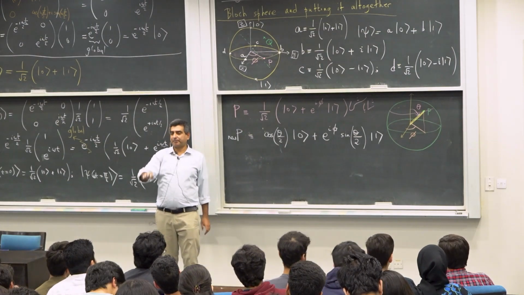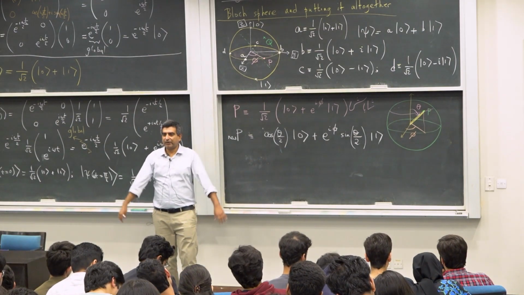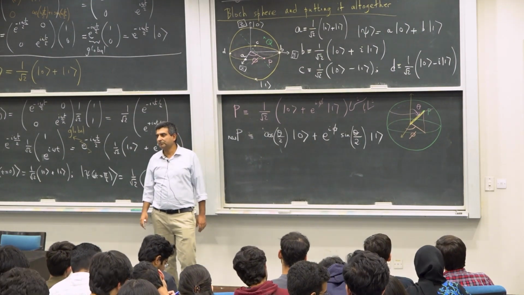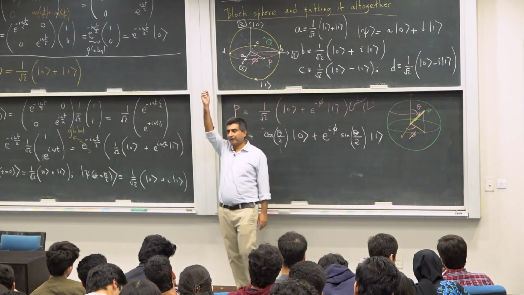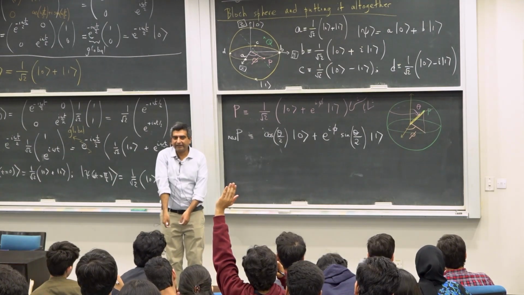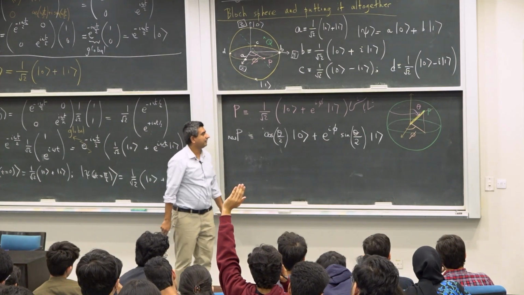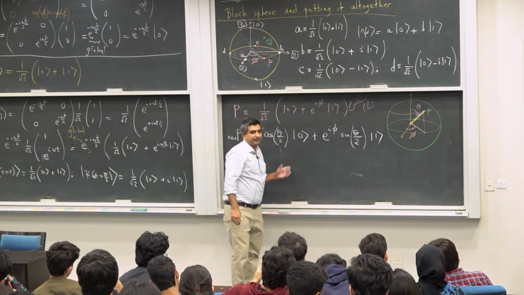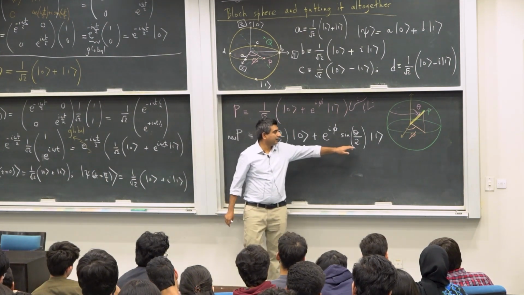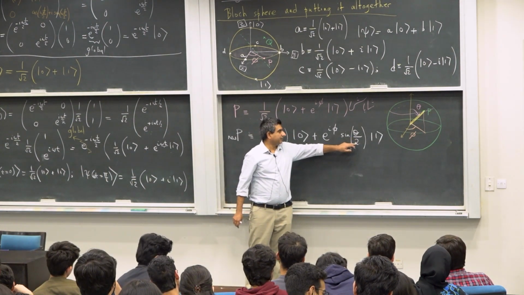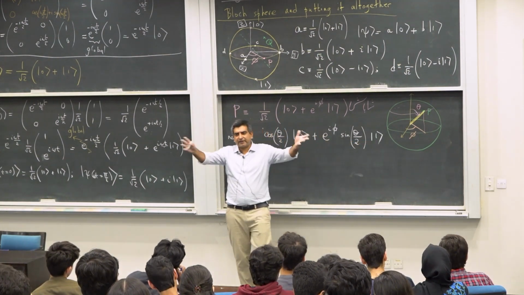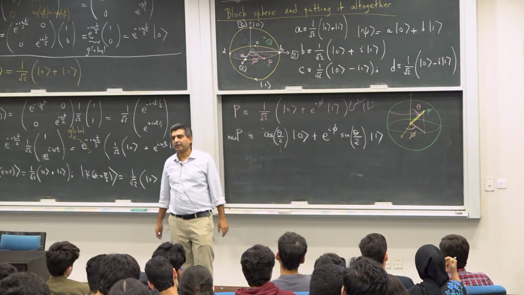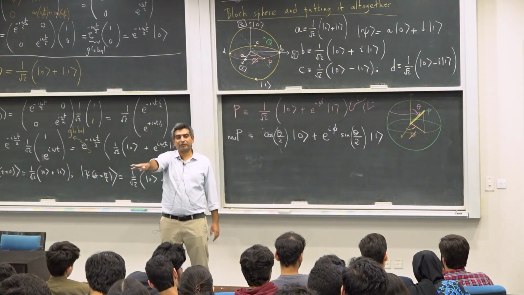For example, when theta is 0, this thing is 0. So you have ket 0. When theta is 180 degrees, this is 0. This is ket 1 with the global phase factor, doesn't matter. When theta is 90 degrees, you're on the equatorial plane.